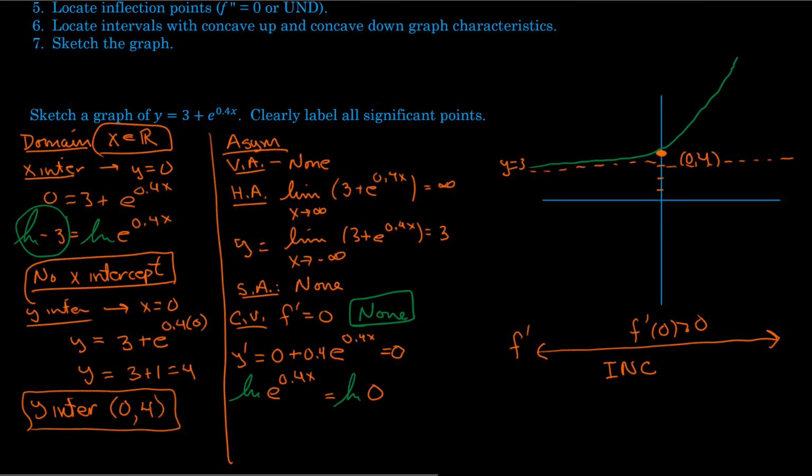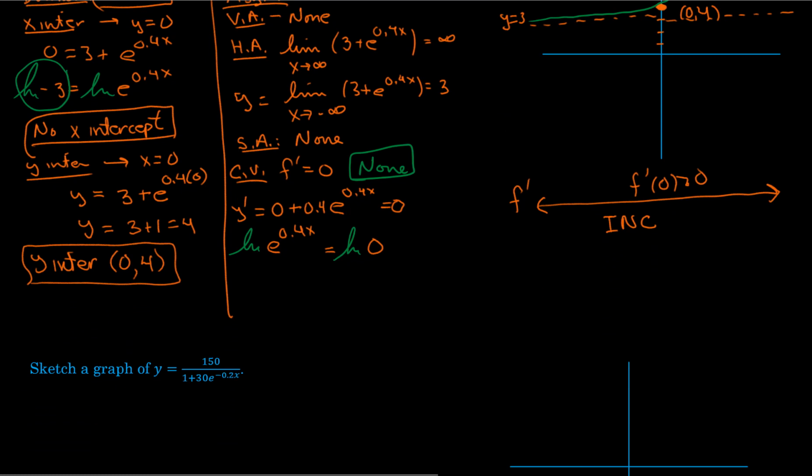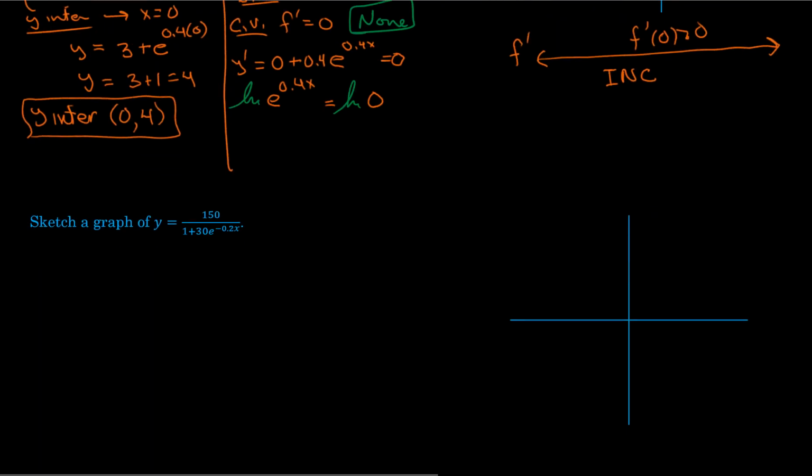Look for inflection points. Okay, so that means we need to use the second derivative. So in order to do the second derivative, I'm going to look for inflection points. The second derivative is equal to, now remember I'm taking the derivative of this, so it's going to give me 0.4.